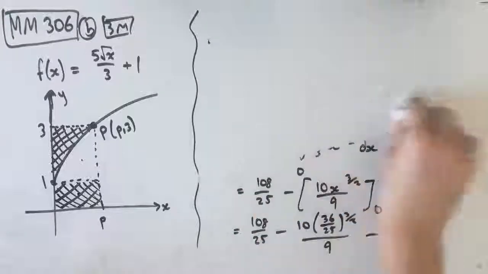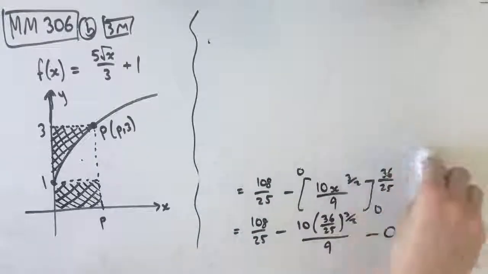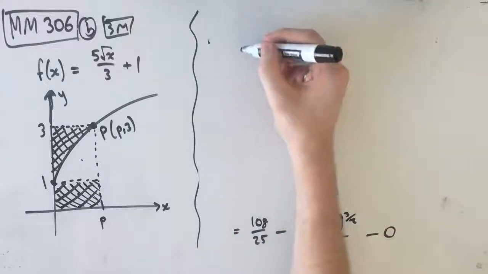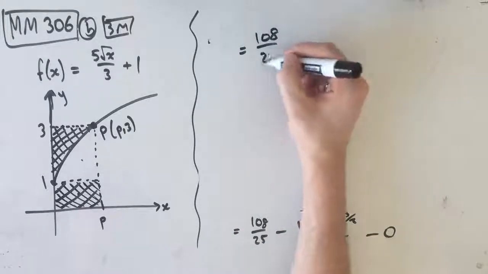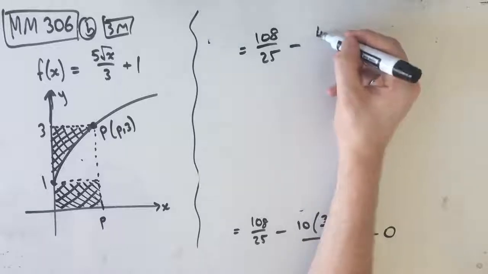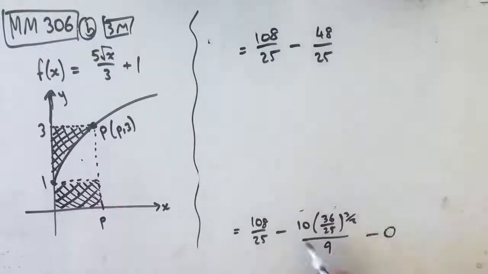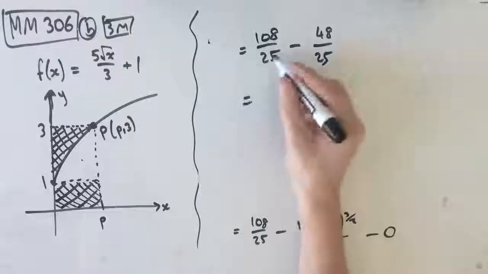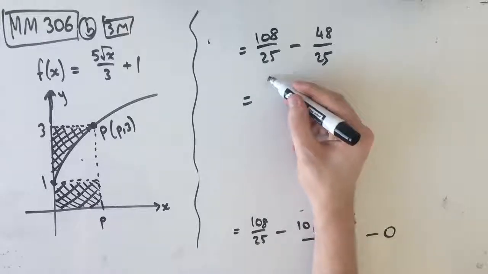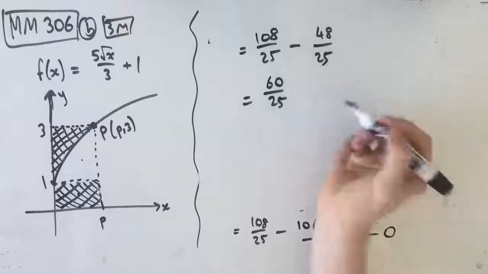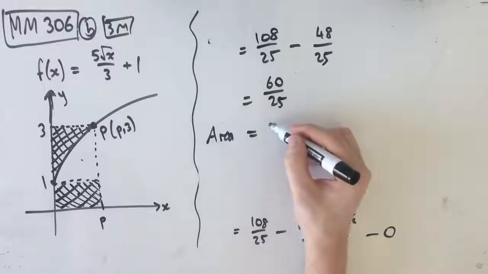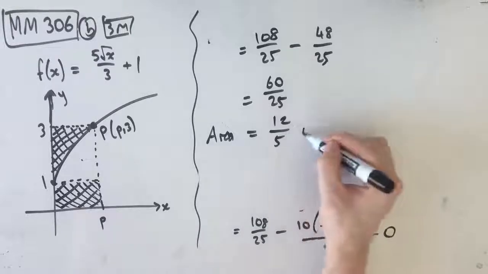You could actually simplify it, but I'm just going to go to the next step. So that means we have 108 over 25 minus 48 on 25. So this bit works out to 48 on 25. From here, because they've got the same denominator, we can just take them away from each other. So 60 over 25. And then simplifying that, we can say that our area is equal to 12 on 5 units squared.